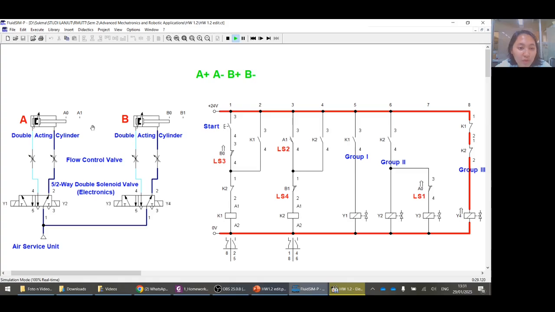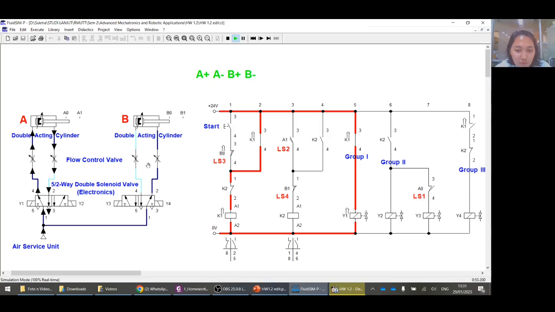A will go forward until it reaches limit switch A1, then cylinder A will go backward. After that, cylinder B will go forward, reach limit switch B1, then cylinder B will go backward. I will press the start here. Then cylinder A is going forward. This relay is active, relay 1.